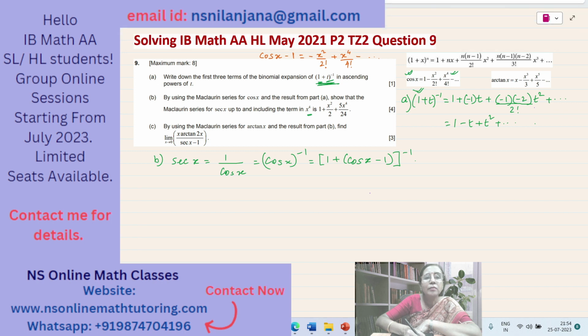Go back to the same color. So now t is equal to cos x minus 1. And the expansion of (1 plus t) whole raised to the power of negative 1, we start with 1. So we'll be starting with 1.